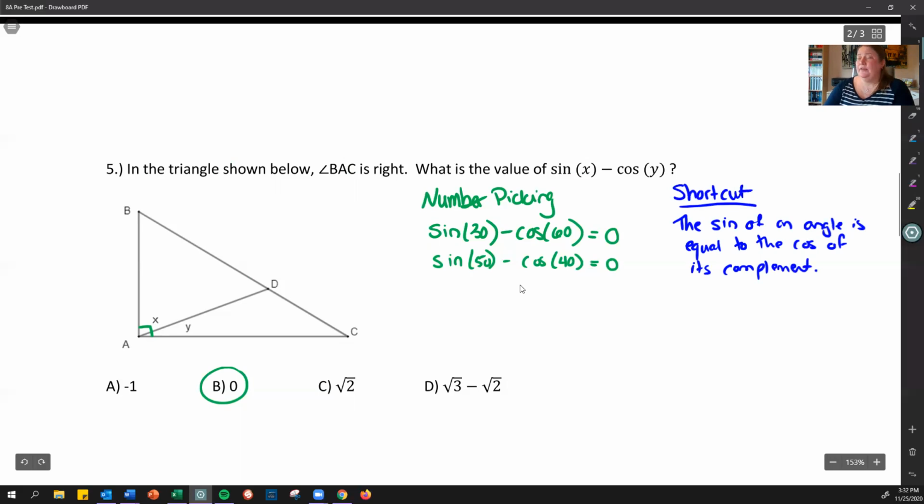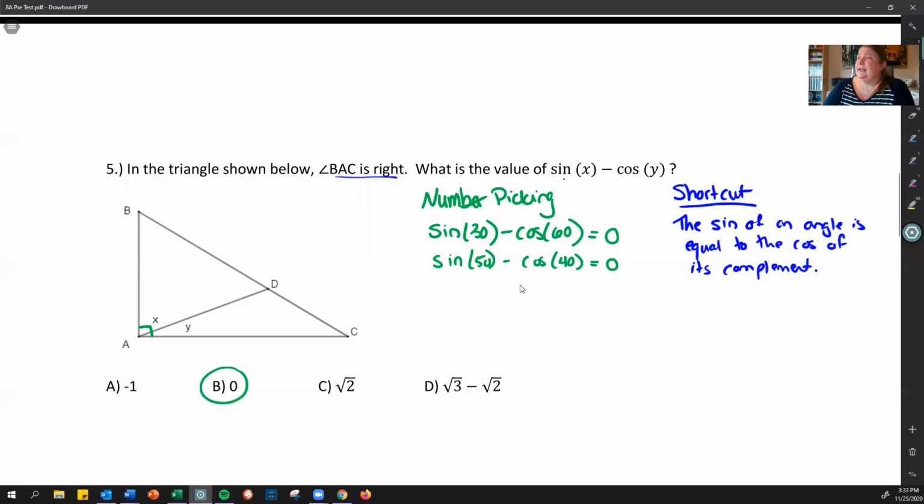What this means is if you have two angles that together add up to 90 degrees, and x and y do add up to 90 degrees, and we know that because of the statement here that we have a right angle, then the sine of x and the cosine of y will be equal to each other.